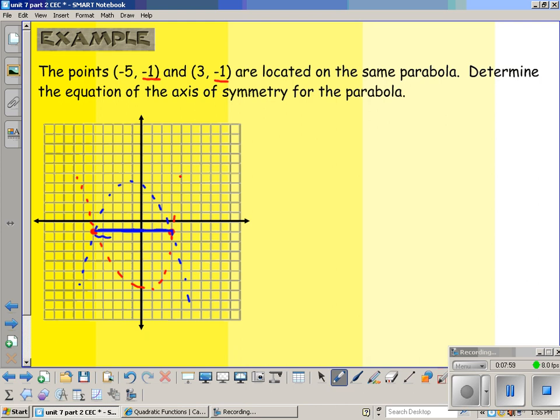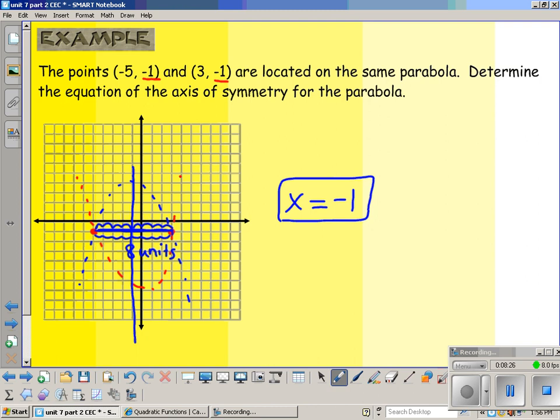We went 1, 2, 3, 4, 5, 6, 7, 8 units. Well, half of 8 is 4, so 1, 2, 3, 4. We should have our axis of symmetry in this spot. Let's make sure. 1, 2, 3, 4. And that is at -1.